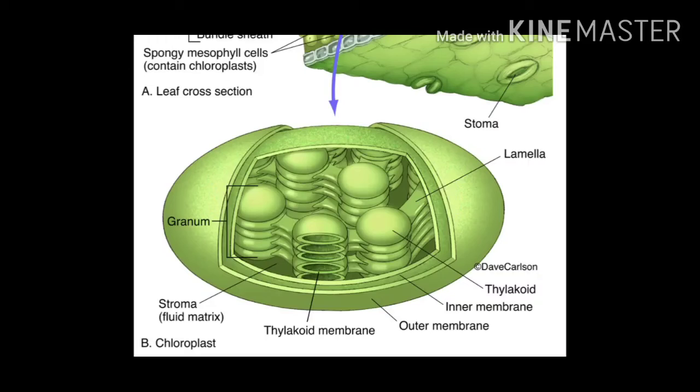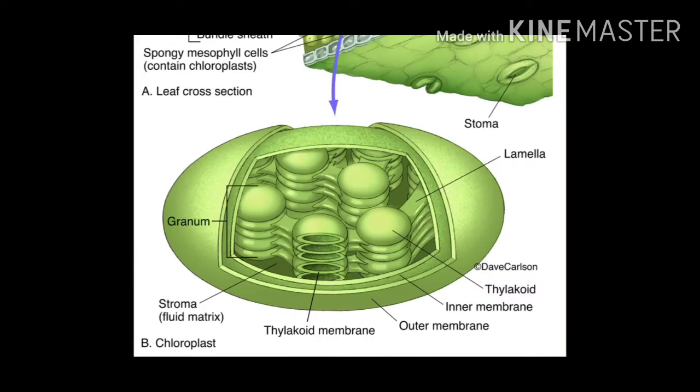Heme contains iron. Hemoglobin is the red colored pigment. In that, iron is present which will help in transport of oxygen. In the same way, in photosynthesis, chlorophyll will have magnesium. Magnesium is responsible for capturing the solar energy and converting it into glucose.